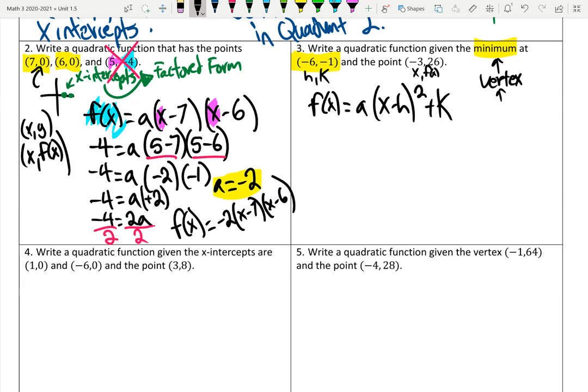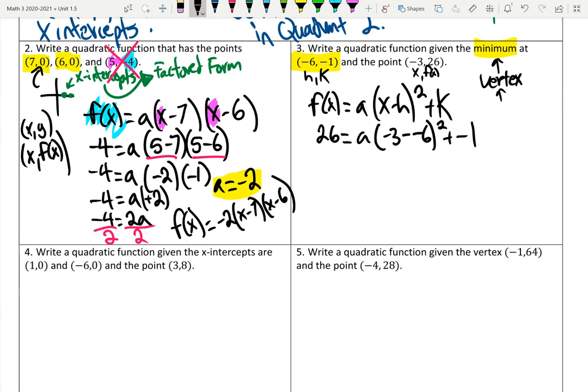Plug in my numbers. I'm going to go a little quicker. 26 equals a times negative 3 minus negative 6 squared plus negative 1.